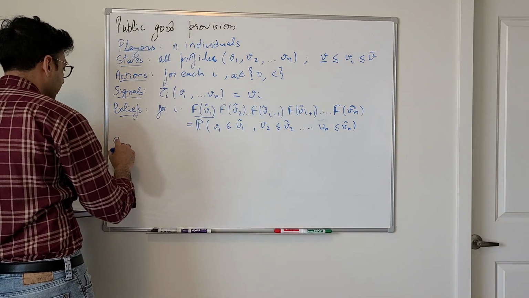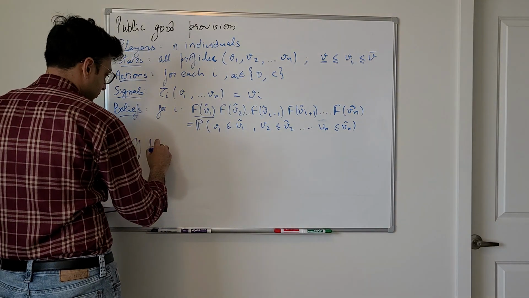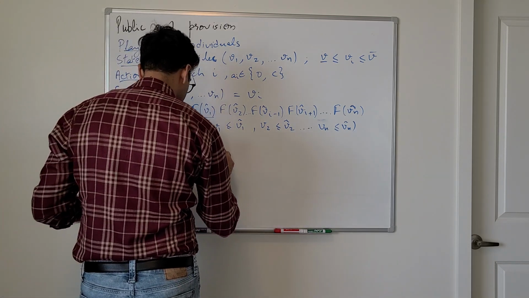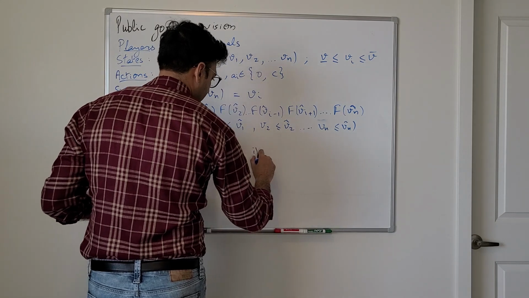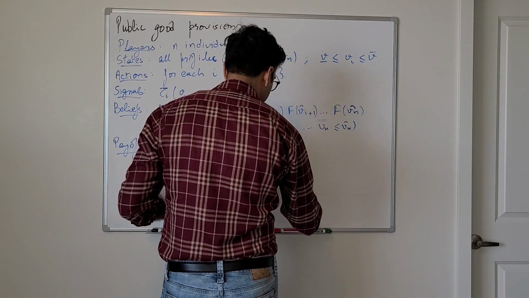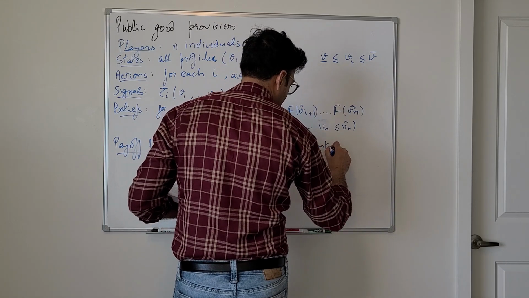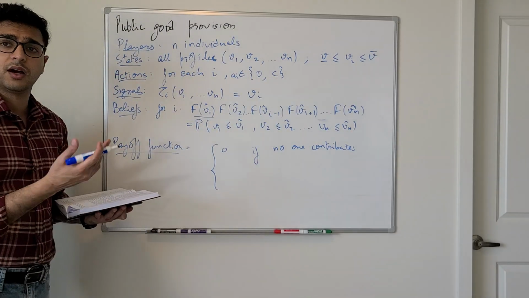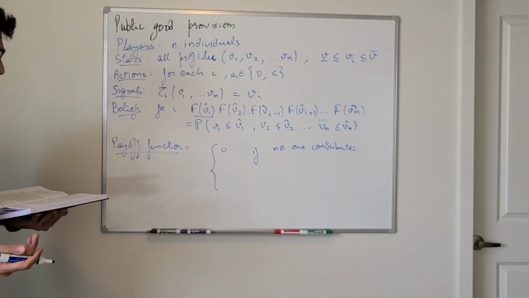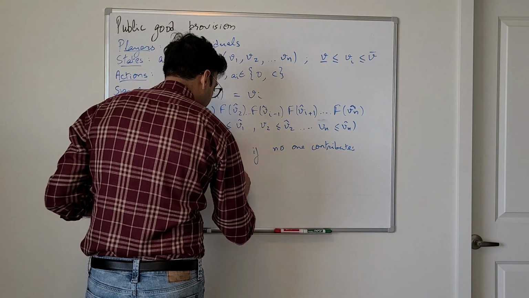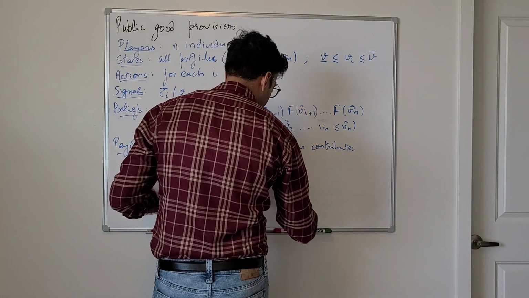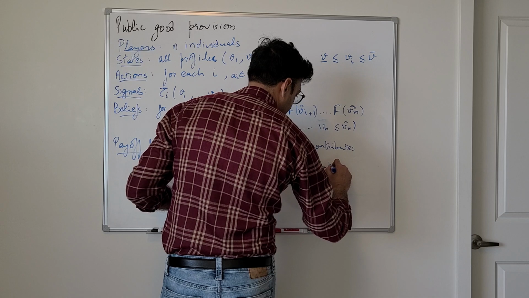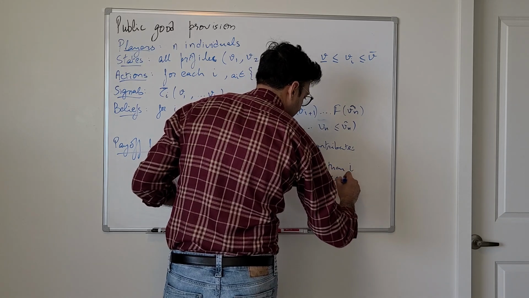And the payoff function finally is going to be 0 if no one contributes. Because then the public good is not provided, but also you haven't contributed anything towards it, so you get 0. Vi if someone other than I contributes.